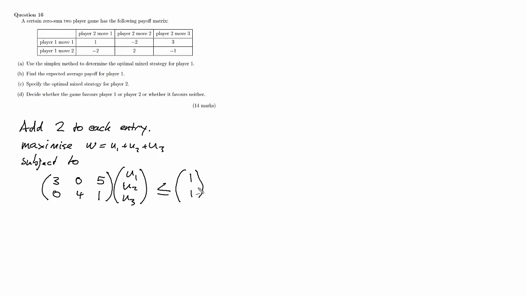Note that our values over here are the values from the payoff matrix plus 2. So 1 plus 2 is 3, minus 2 plus 2 is 0, 3 plus 2 is 5, and so on and so forth. So, straight away, we can write down our initial tableau.